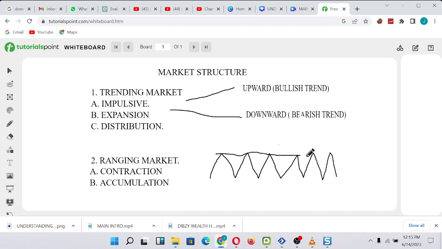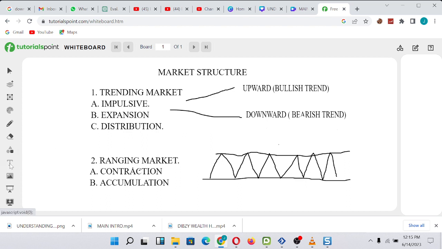Okay? So this is what you can say the market is what? Consolidating. You can add it to here. Sorry, I didn't add that.